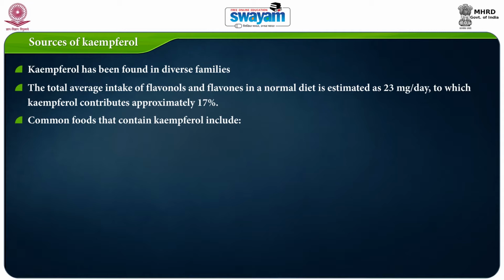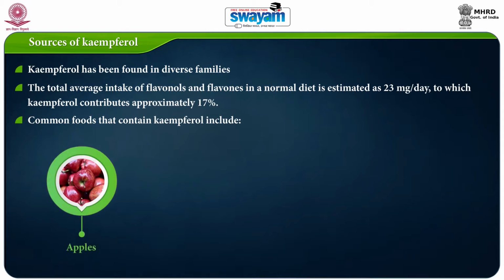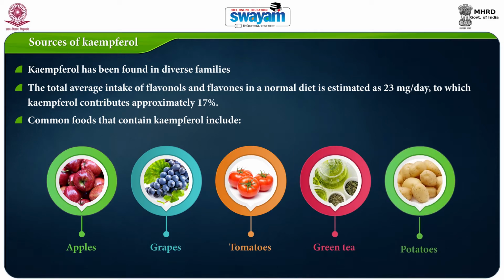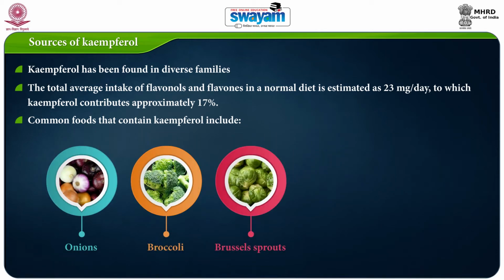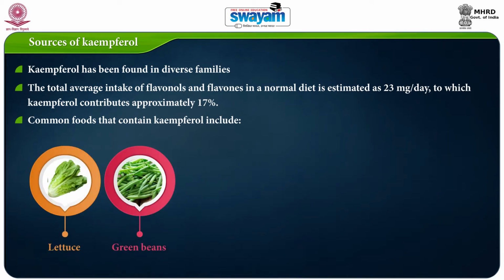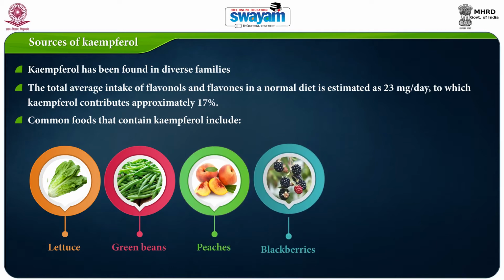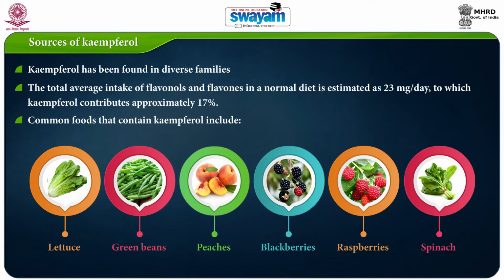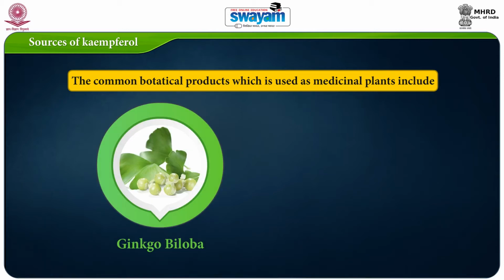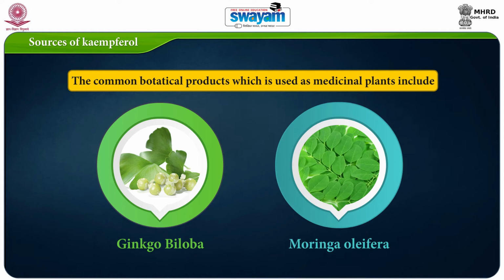Common foods that contain kaempferol include apple, grapes, tomato, green tea, potato, onion, broccoli, Brussels sprouts, squash, cucumber, lettuce, green beans, peach, blackberries, raspberry and spinach. Common botanical products used as medicinal plants, including ginkgo biloba and moringa oleifera, also contain kaempferol.